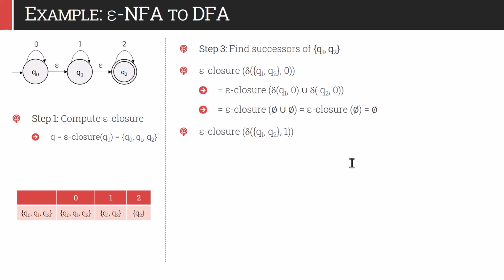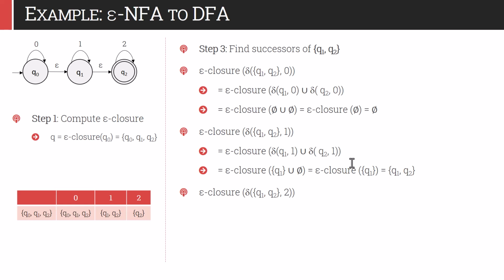Next we'll compute it for input 1, and for input 1 we have to take the union of these two delta transition functions, and there is an arc from state Q1 on input 1 which remains on the same state, so that will be Q1, and there is no transition from state Q2 on input 1, so that will remain phi, and the union of Q1 and phi would be Q1 only, and the epsilon closure of Q1 is Q1 and Q2.